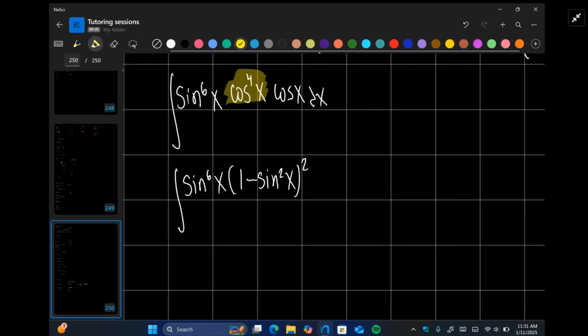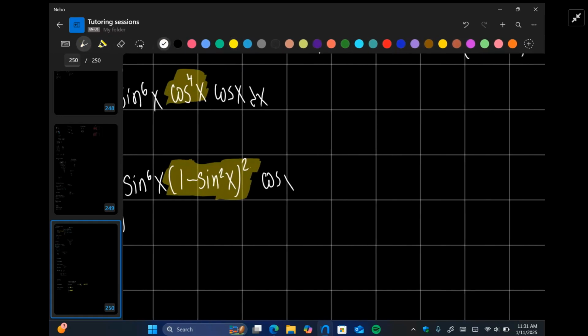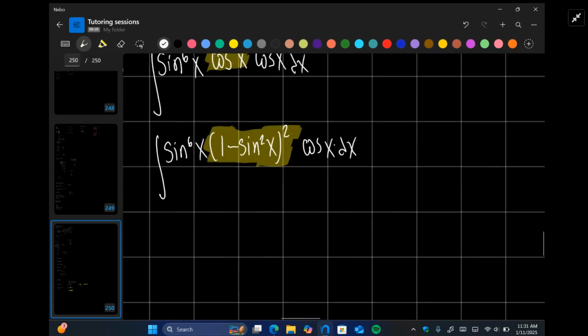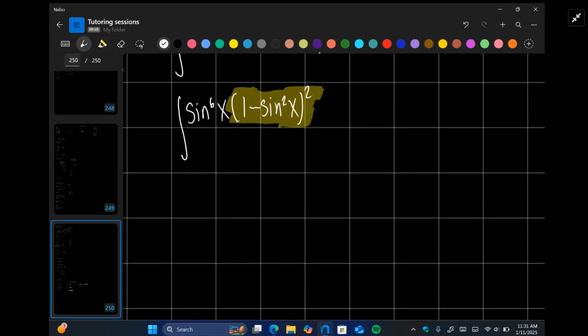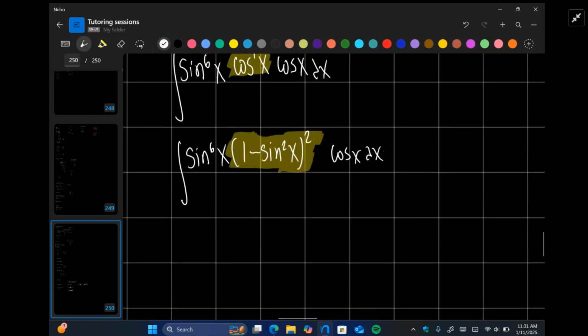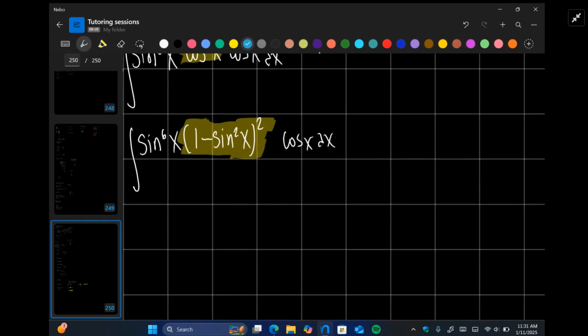So again, just labeling here. I am very visual, so I like to color code a lot. And then times cosine x dx. So now notice that we have a u and we have a du.